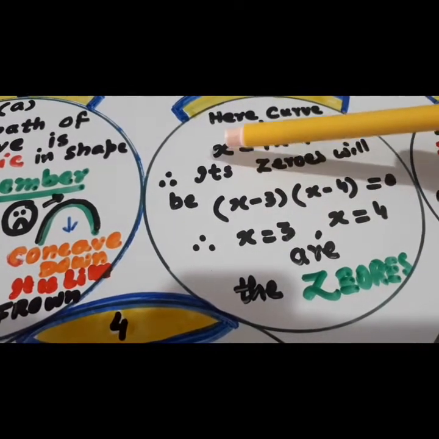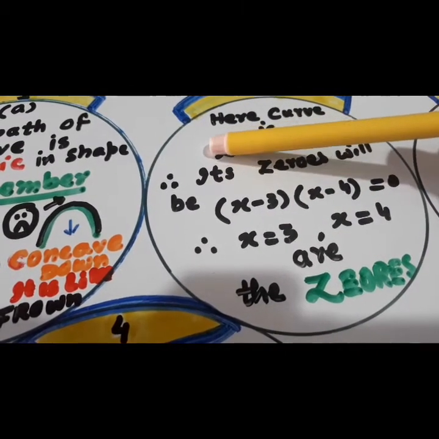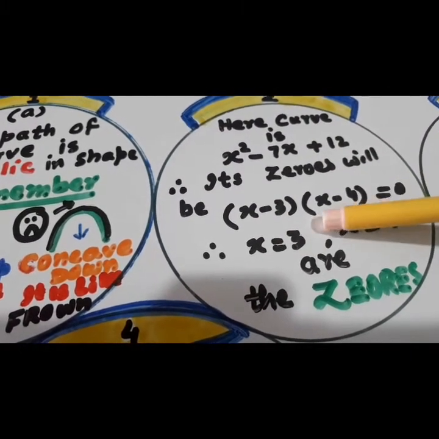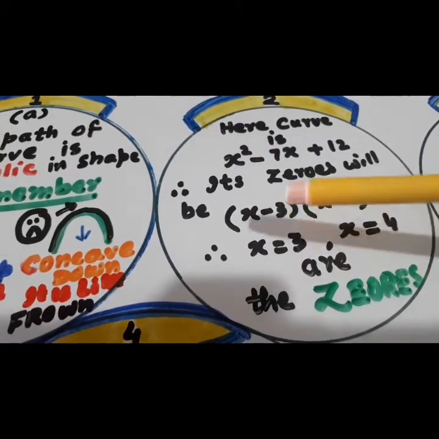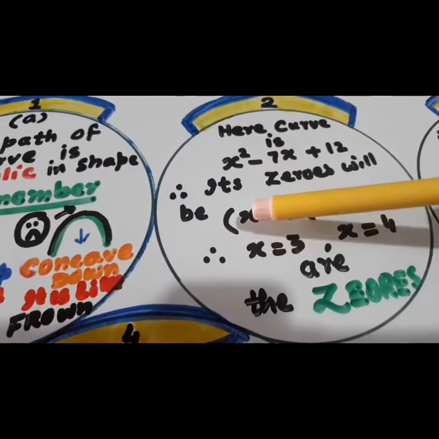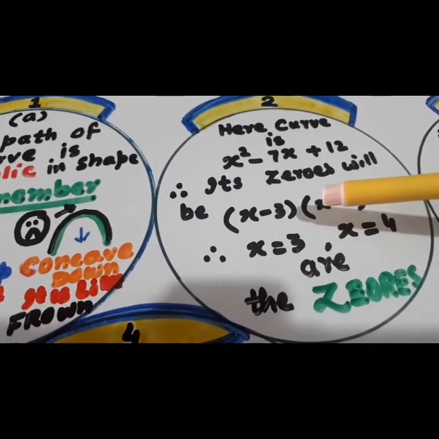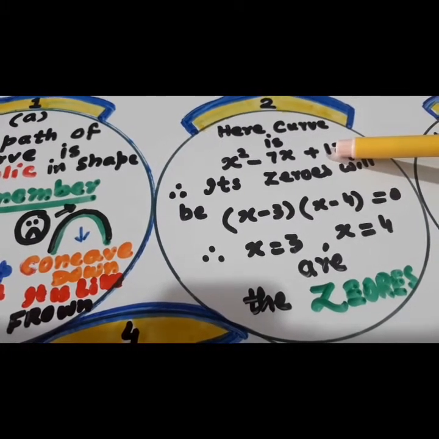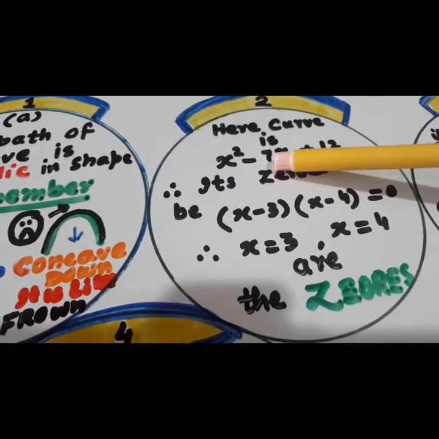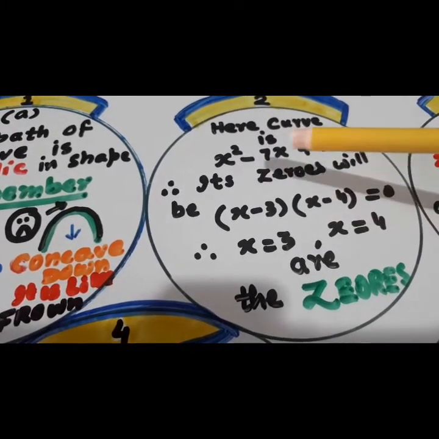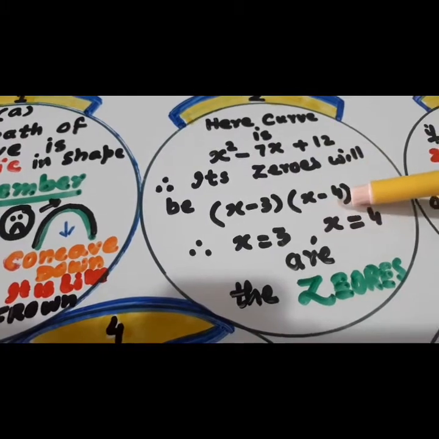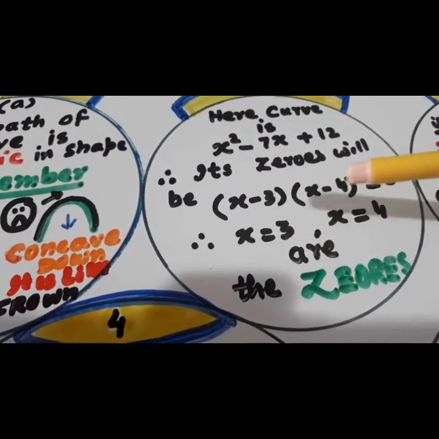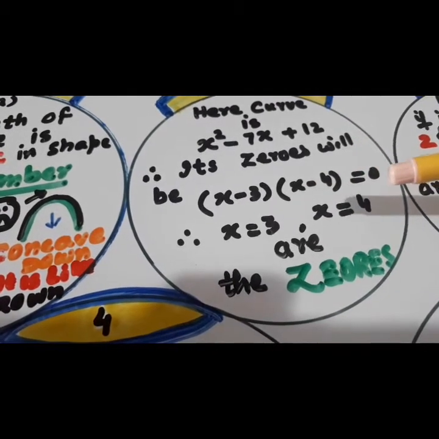Whenever x square is all alone, that is, the coefficient is only 1, you write two brackets, x square, 1x here, 1x here, 12. Make the factors 4 and 3. On adding, we get 7. So you want 7 with a minus sign, so 4 should be minus and 3 should be minus. So the factors are x minus 3, x minus 4 equal to 0.